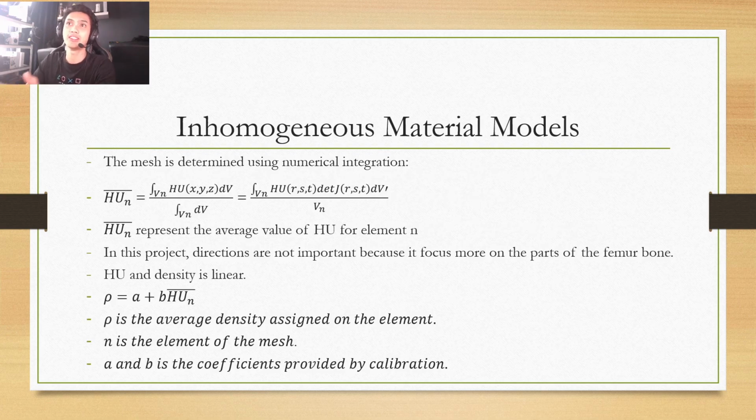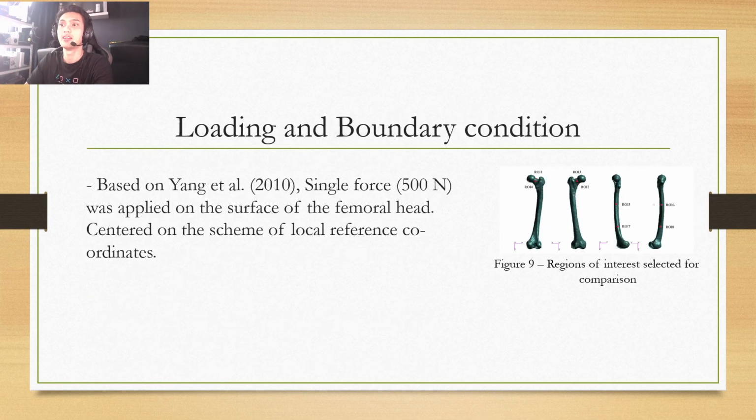As you can see, this is the formula used for calculating the average density, the number of elements of the mesh, and the coefficient of the provided calibration. The fourth one is the loading boundary condition, which is based on Young 2010 studies. A single force of 500 Newton was applied on the surface of the femur head, centered on the local reference coordinate.